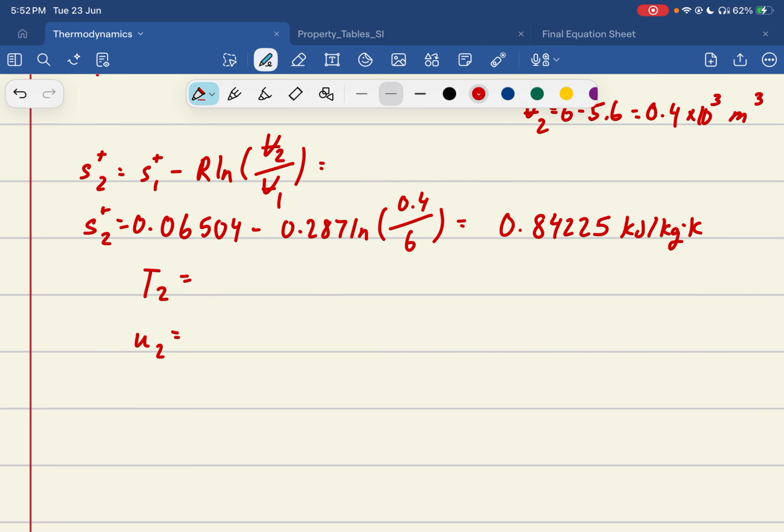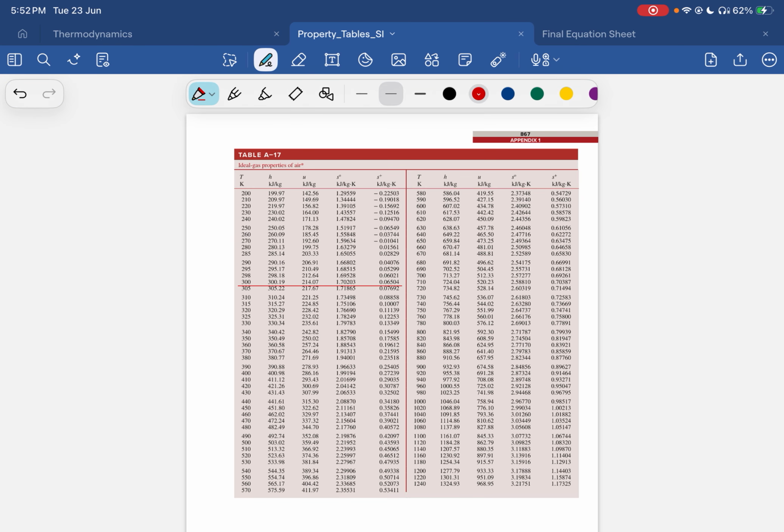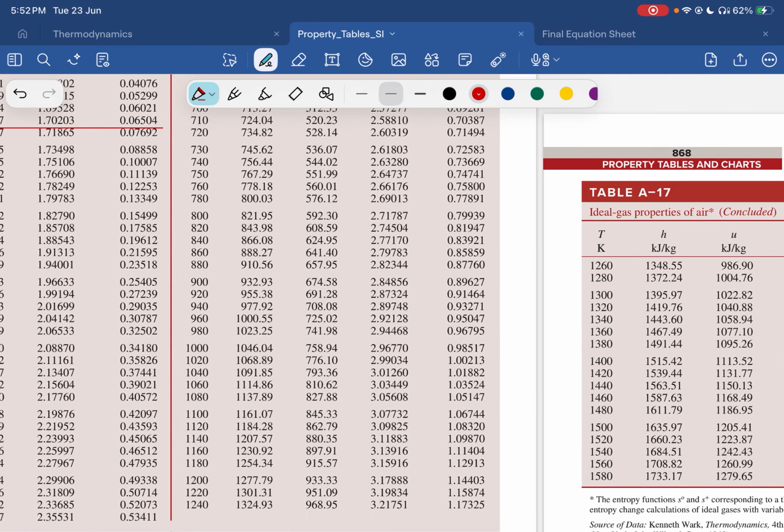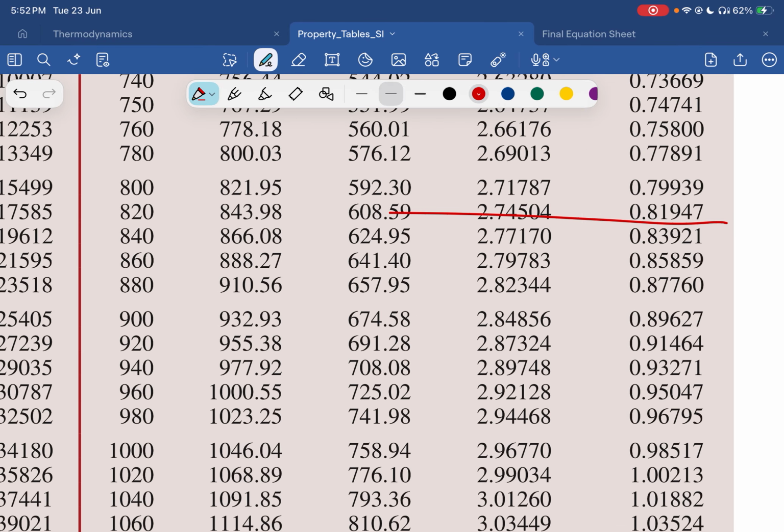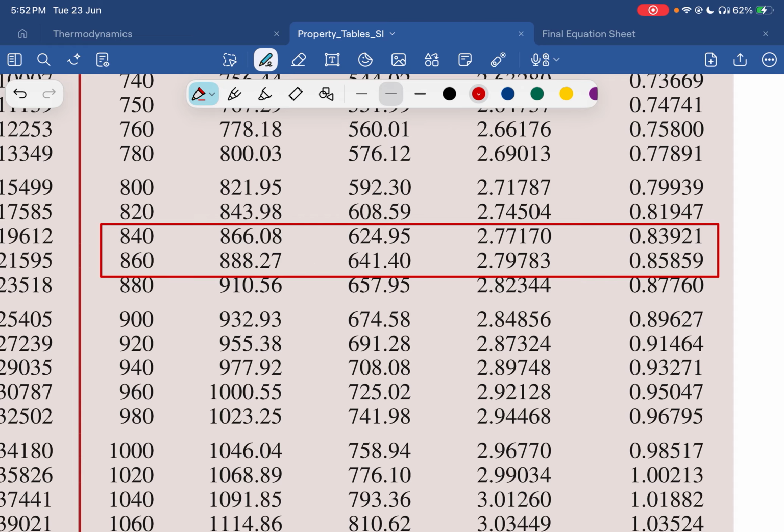Okay, let's find where it is on the table. So it's between these two values, so we have to interpolate them. I'm not going to be writing the interpolation, but I'll do it. So we have our entropies.